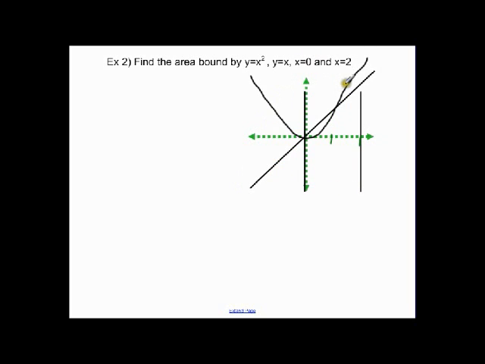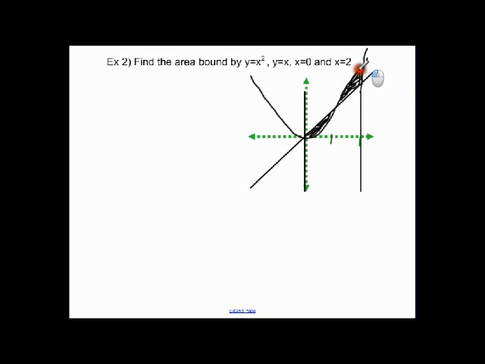What we're looking for is the area bound by these two curves. This area here is not bound. This area here is not bound. It's endless. The only bound area is here and here.